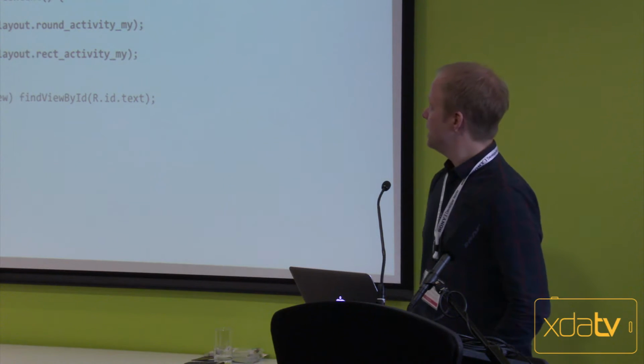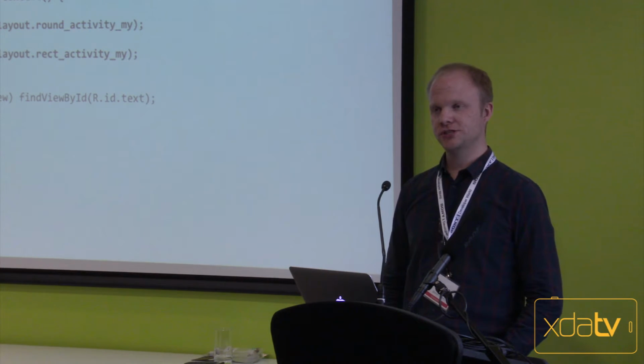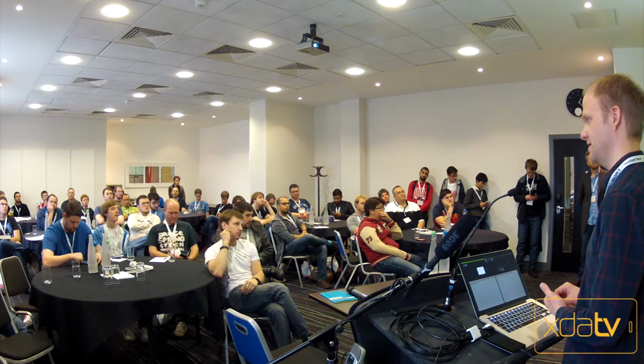And using this new one, this new inset activity, changes things completely. No, not completely. The onCreate method still exists, but you don't load the content view inside this onCreate method.